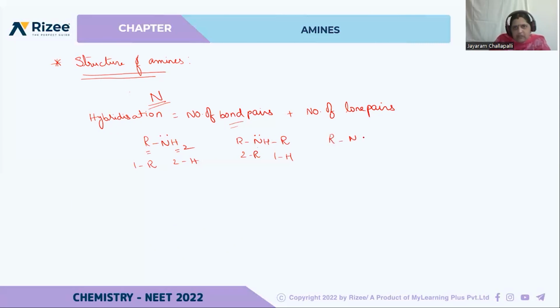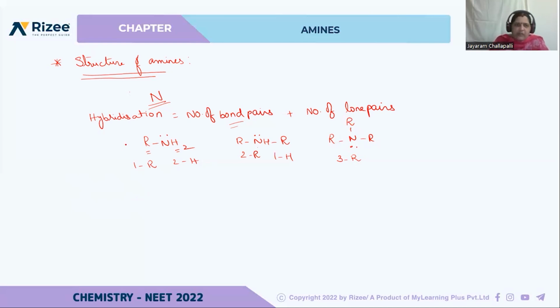If we consider a tertiary amine, here also the same situation: 1 lone pair, 3 bonds with alkyl groups.